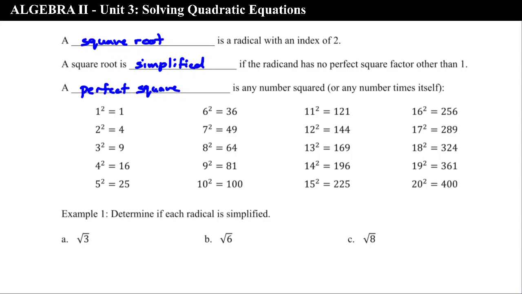These numbers, 1, 4, 9, 16, 25, 36, 49, 64, are perfect squares. These are the numbers that need to be factored out of the radicand to simplify your square root. I've listed all the way up to 20 squared, which is 400, just for your information.